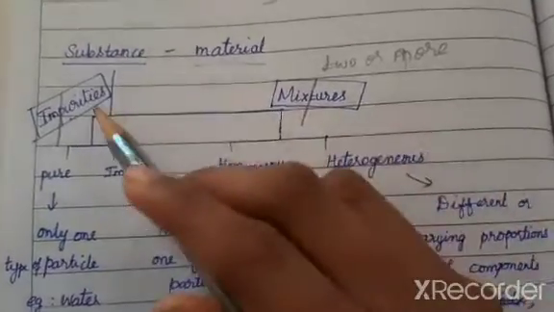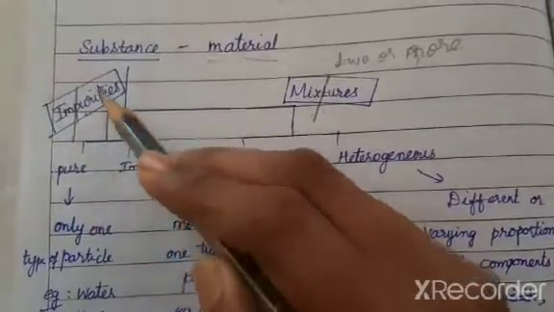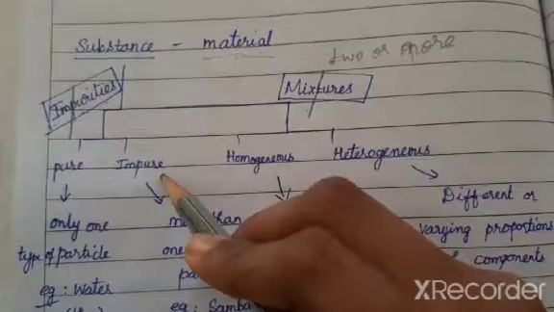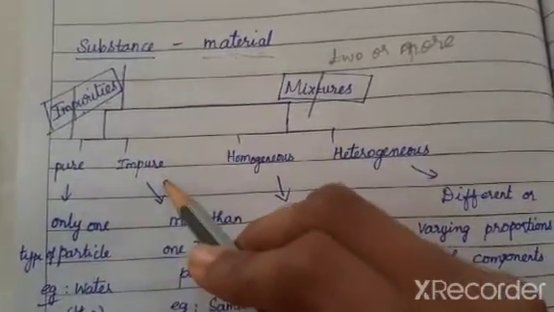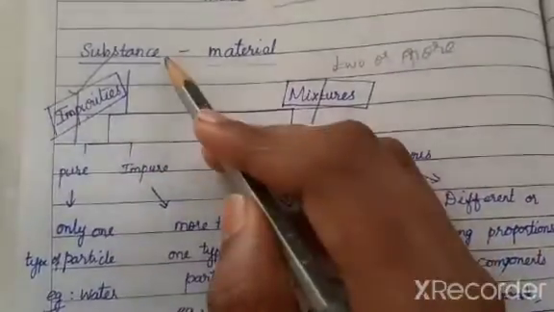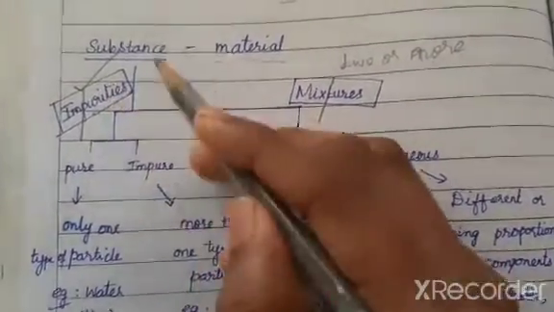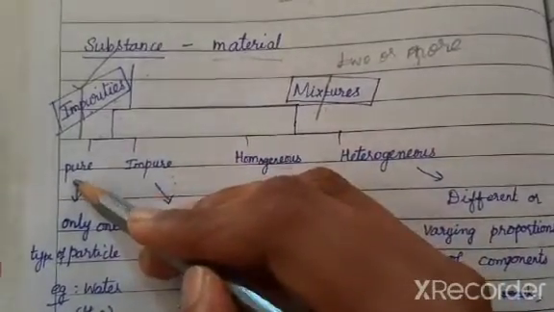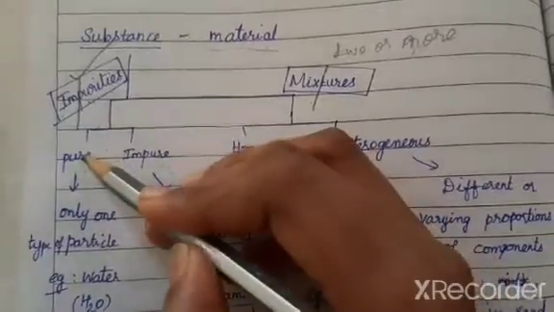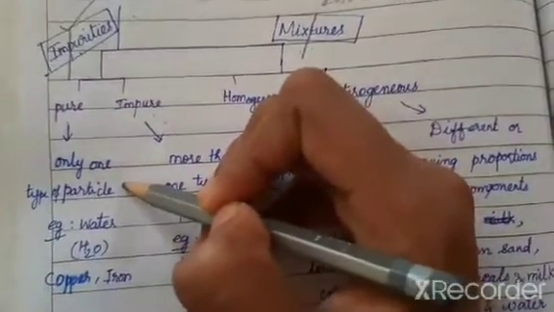When I consider the classification of impurities, it is divided into two: pure substances and impure substances. This is the basis on which I have classified the substance. Pure substances means you would have only one type of particle in it.